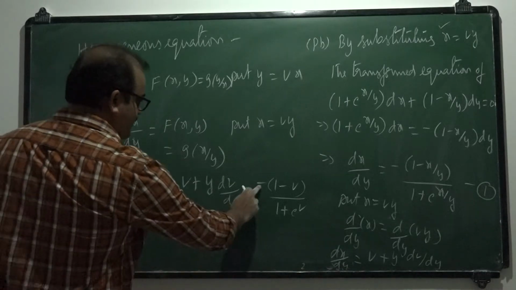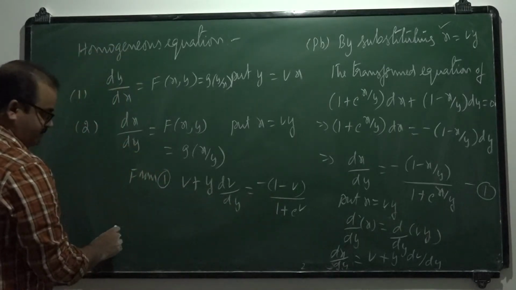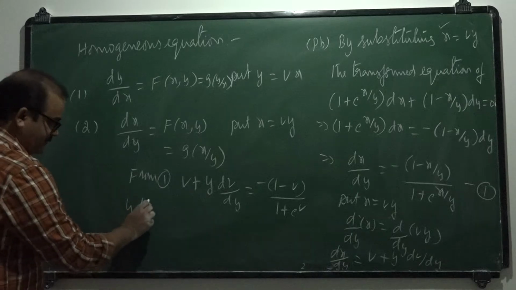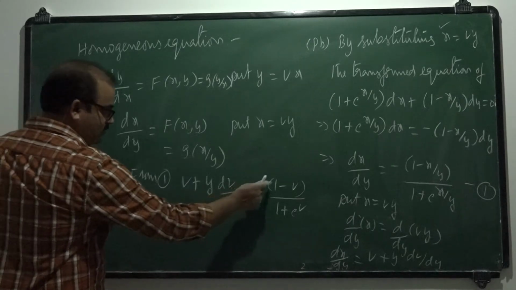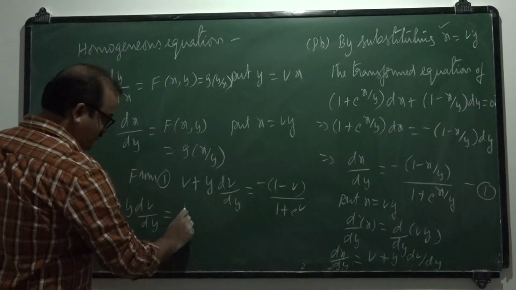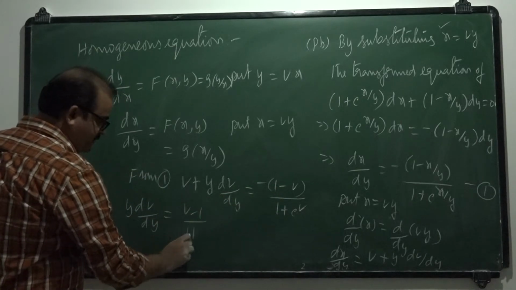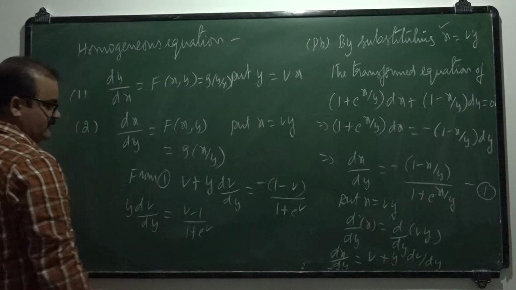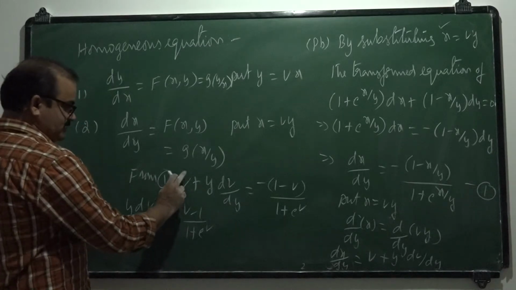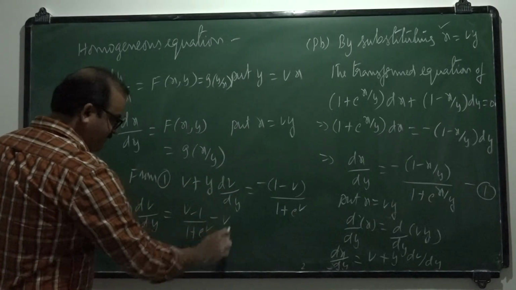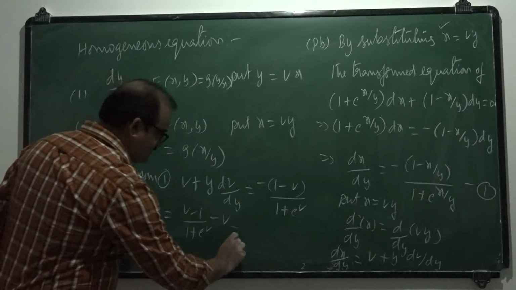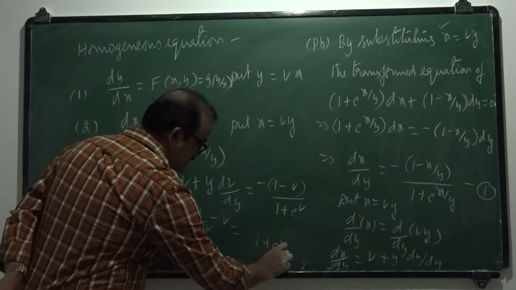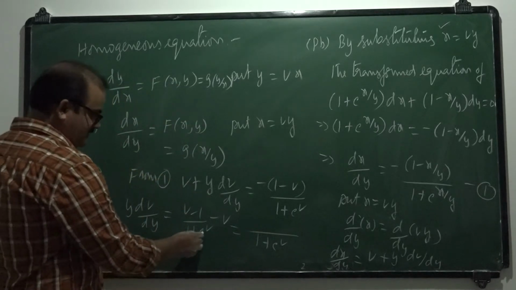Okay, take this minus into the bracket. y into dv by dy is equal to, taking the minus into the bracket, it becomes (v minus 1) by (1 plus e power v). Take this v to the right hand side, minus v. Now take the LCM here. What is the LCM? 1 plus e power v.